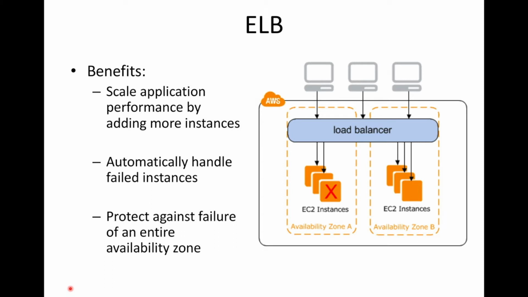And that protects us against the failure of an entire availability zone. You can think of an availability zone as being like a particular data center location. And if a data center location is hit by some sort of natural disaster or man-made disaster, then the load balancer can redirect requests to other instances which are located in a completely different and geographically diverse availability zone.